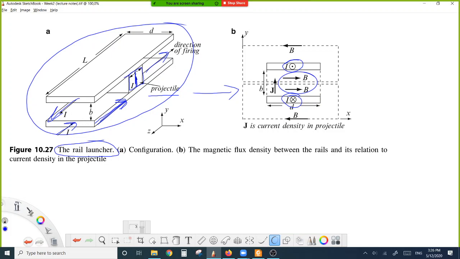This is the very case when we see the problem.